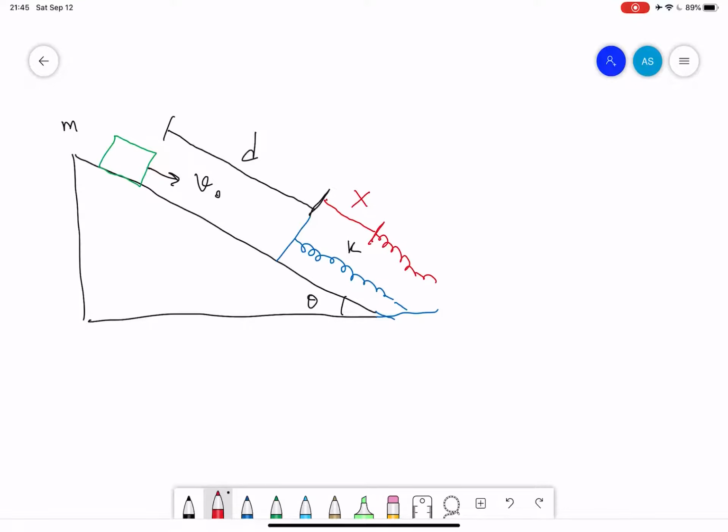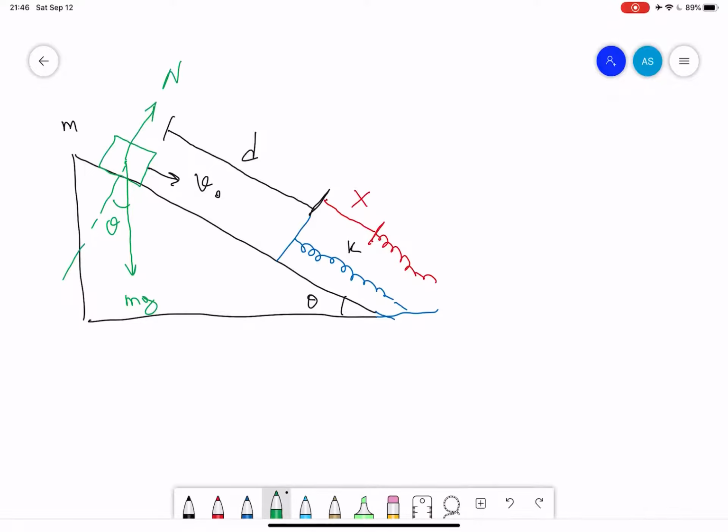Now let's first draw a free body diagram and understand what's really happening there. First of all, we have the weight of the box, which is mg. That angle is the same as theta. Therefore, we have a normal force here.